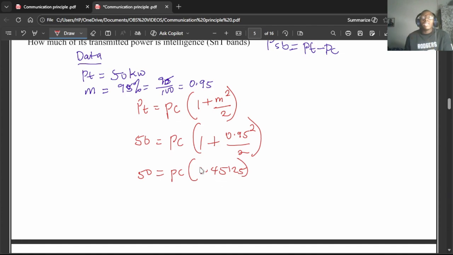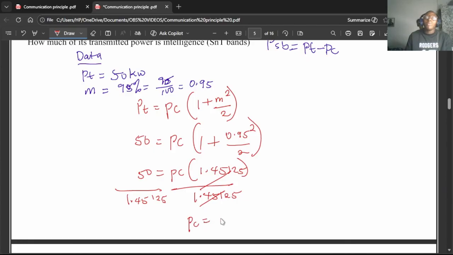Now after doing that, the next thing is to make PC stand alone. So what do you do? You divide both sides by 1.45125, and divide on the other side of the equation 1.45125. Now what do you have? This is simply removing this, so you are now left with PC.